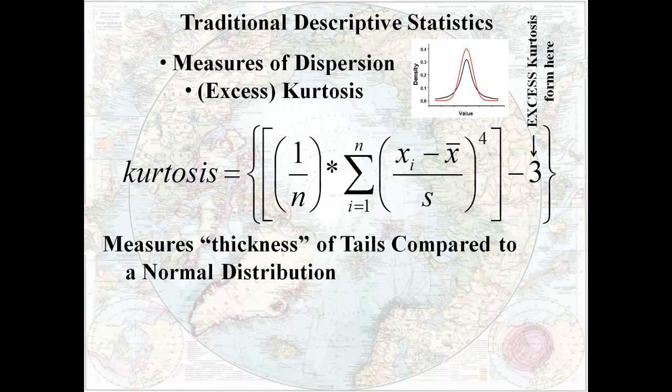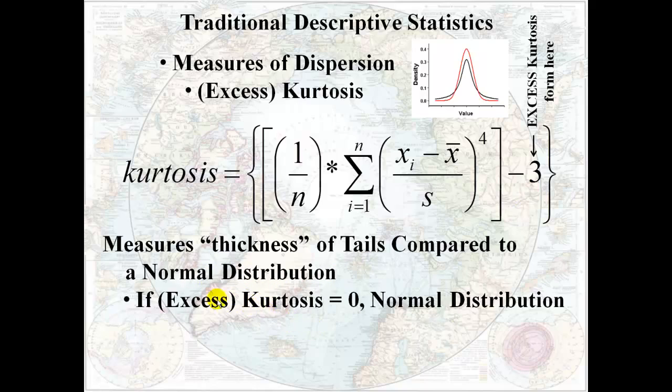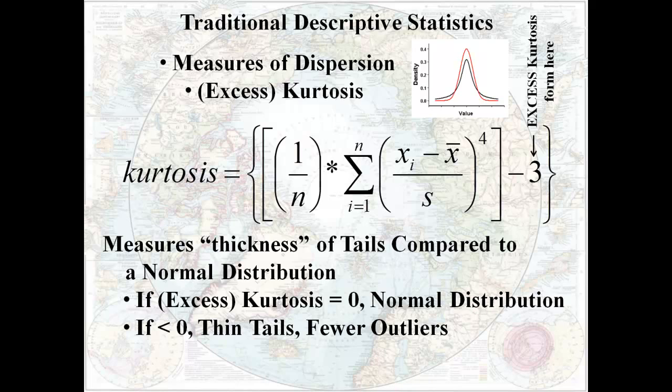So kurtosis measures how thick the tails are. Excess kurtosis is going to measure how thick the tails are compared to a normal distribution. If excess kurtosis is 0, then it's approximating a normal distribution, and we'll be able to make a lot of those assumptions that we did before. If it's less than 0, we have thin tails. Thin tails means there's not a lot in terms of number of values out at the extremes of the distribution, which means there aren't so many outliers.